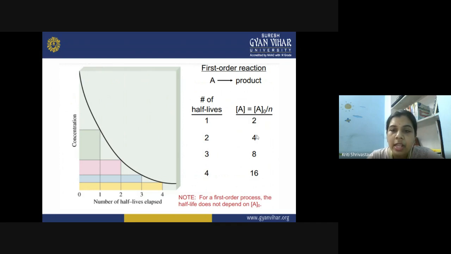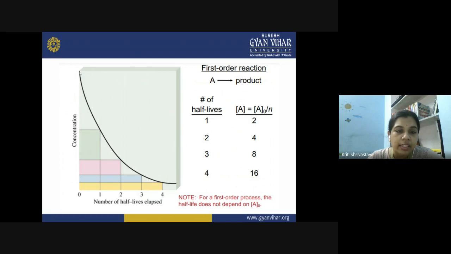Because you know that the half life of the first order reaction does not depend on the initial concentration of the reactant. So this is the first order reaction, and if you look at the graph here, right? Suppose this is the initial concentration, then this is the first half life where the concentration becomes just half.